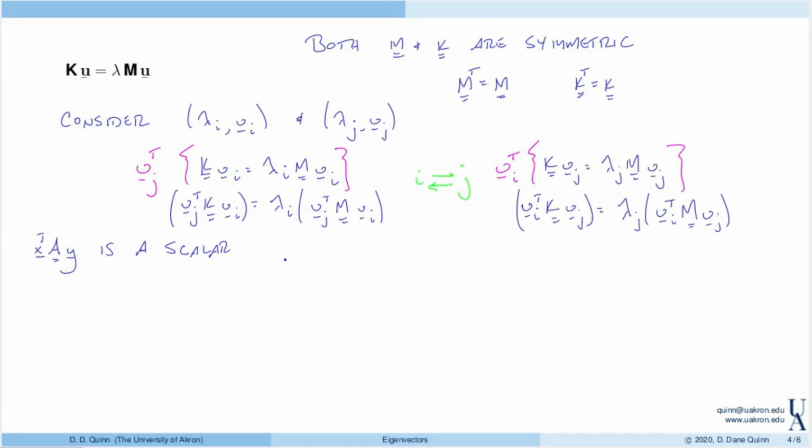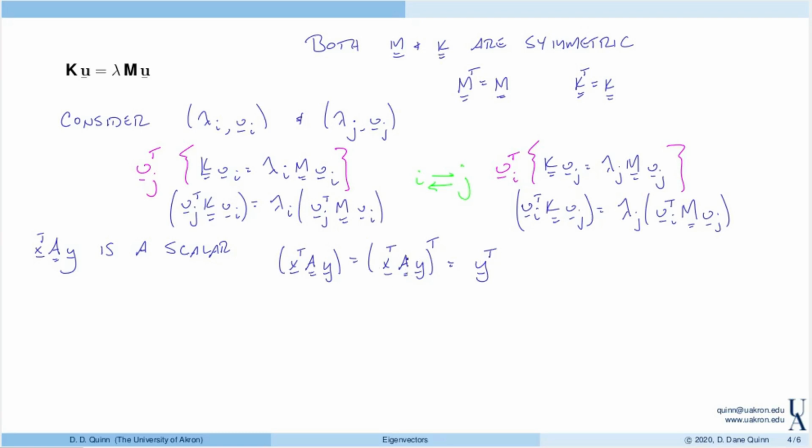So what does that do for us? Well, if it's a scalar, then the transpose of that is simply the value itself. The transpose of a scalar value is unchanged. If I looked at, say, 4 transpose, it is equal to 4. So now, using our rules of linear algebra, this can actually be written as a transpose.